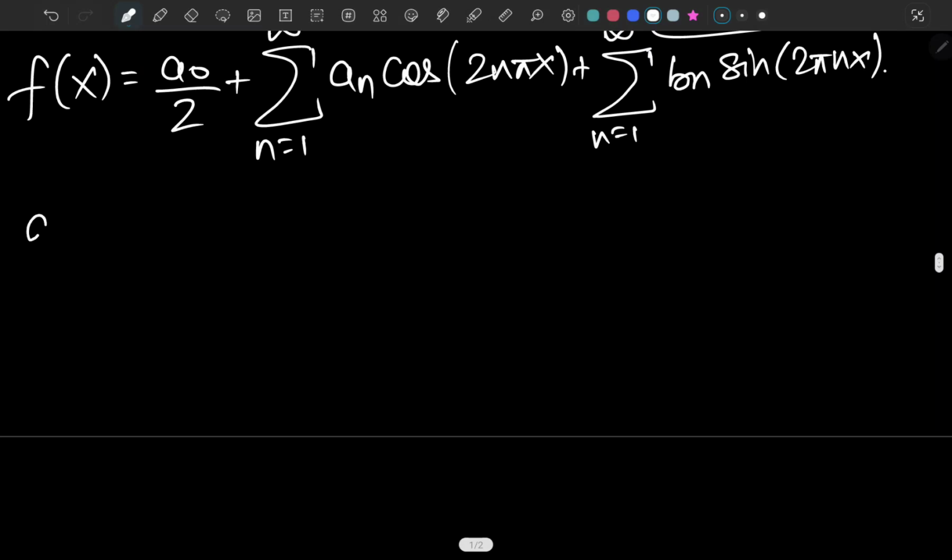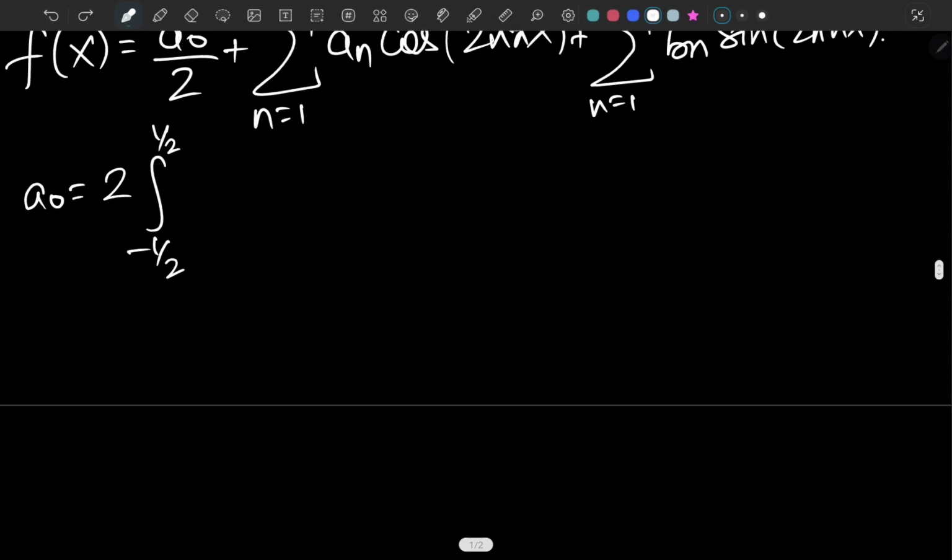So we had our a naught equals 1 over l, which is 2, times the integral from negative l to l, negative 1 over 2 to 1 over 2, of f of x, which was 1 over 2 minus x. And you can write these limits as 0 to 1 as well, dx.